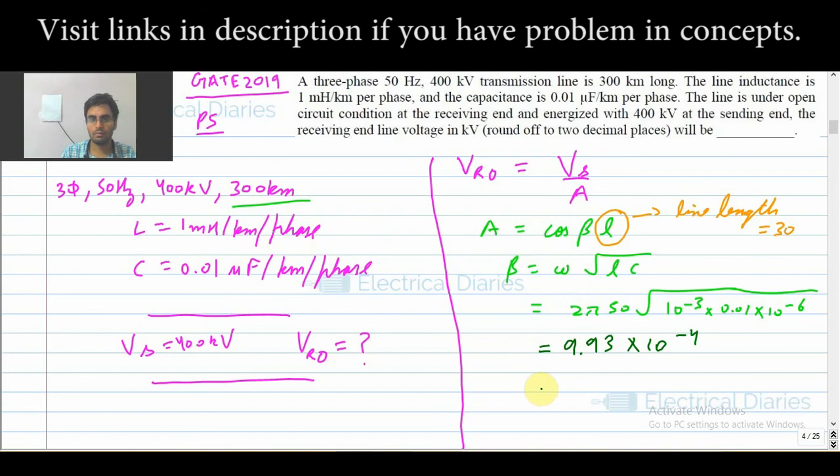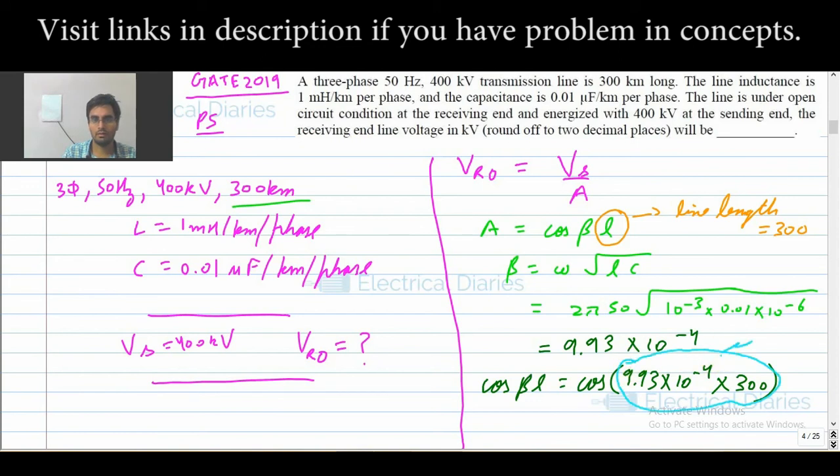Now your cos beta L will be equal to cos of 9.93 into 10 to the power minus 4 into 300, and always remember that this is in radians. So it will come out to be 0.9559.